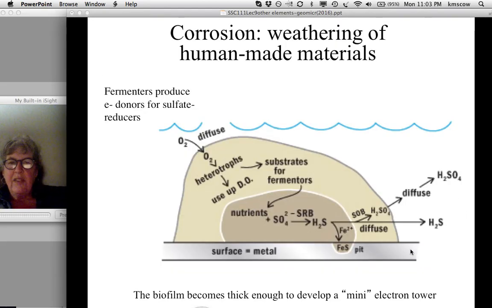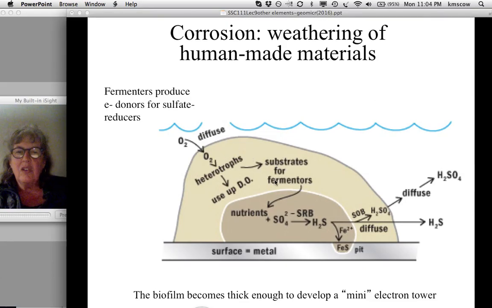And if you look at this at a small scale, it's quite interesting. You see like a little mini electron tower in it. Once this biofilm has matured and gotten thick enough, if you were to look in it, you would see that at the outside of the biofilm you have oxygen being used as an electron acceptor, but it's not going in very far because it's used up at the surface.